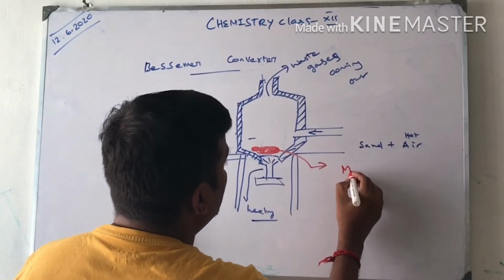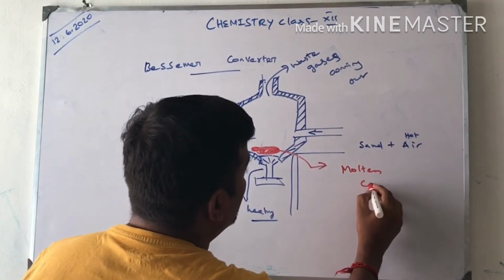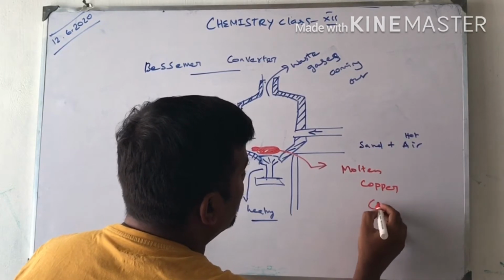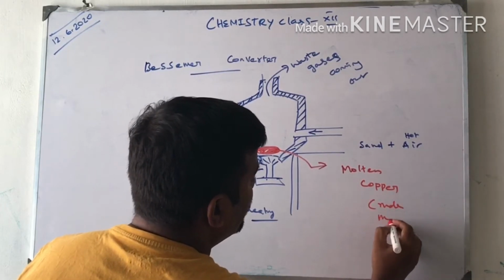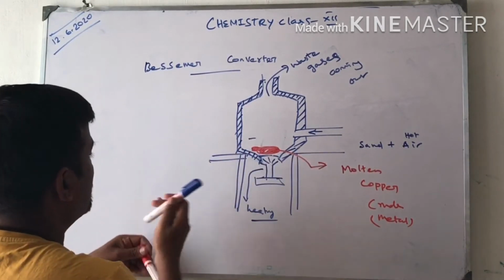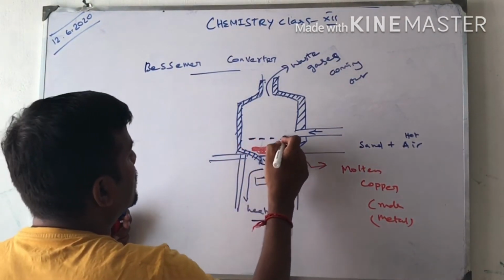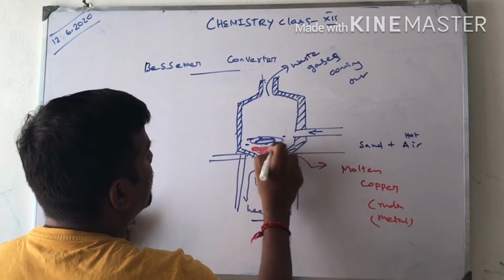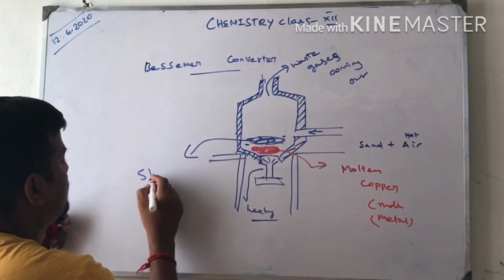This is called molten copper, the crude metal, and at the top slag is formed. Siliceous impurities form the slag at the top.